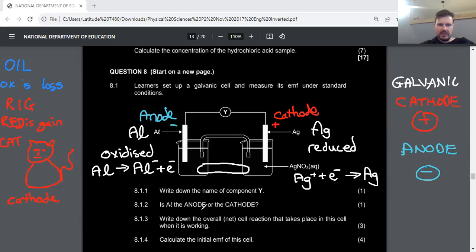Write down the overall cell reaction that takes place in the cell when it is working. Well, now we can put these together. So we can say Al plus Ag plus, we can actually say AgNO3, because we can see that that's actually the thing. And we know NO3 is 6 minus, that could be 5 plus.